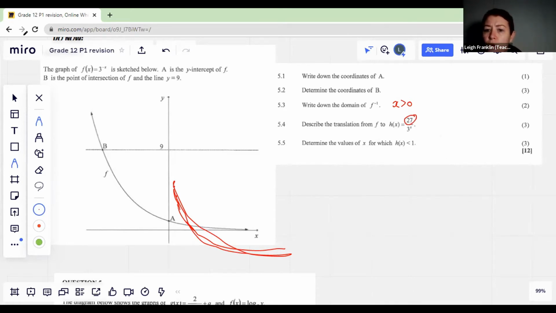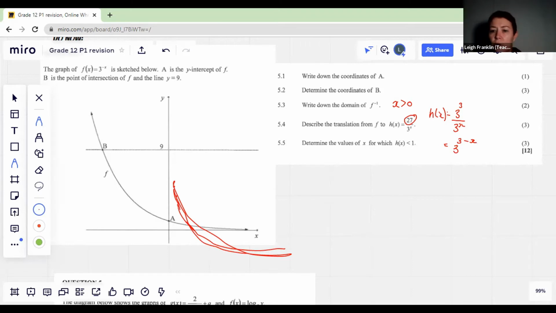You know that you can write 27 as 3 to the power of 3 over 3 to the power of x. So what happens when you divide like bases? Keep the base and we subtract the exponents.